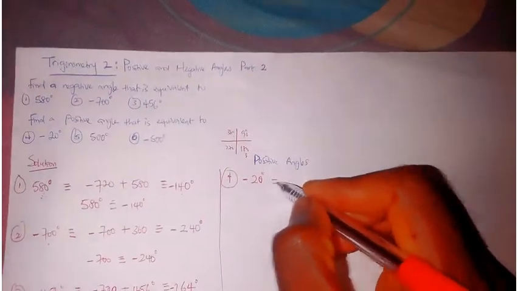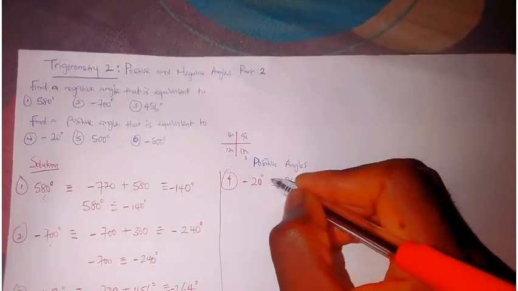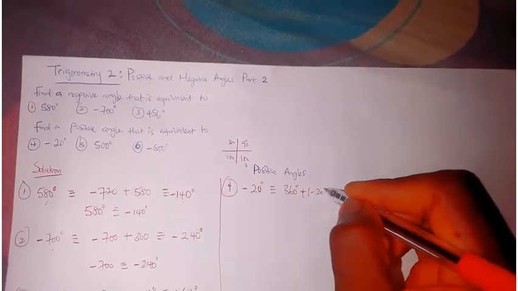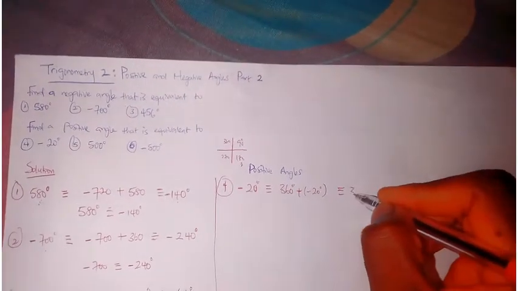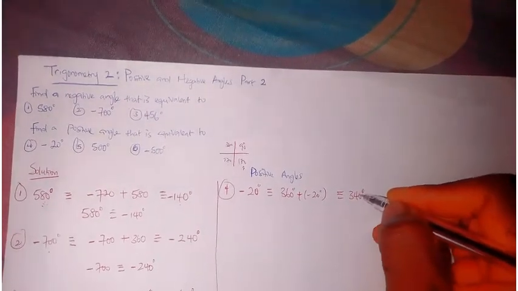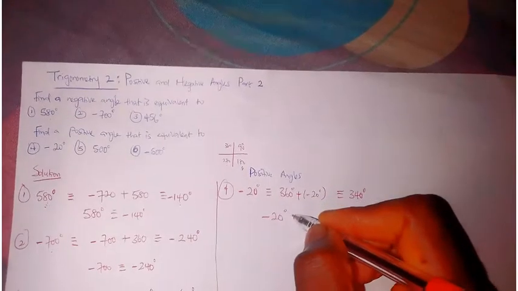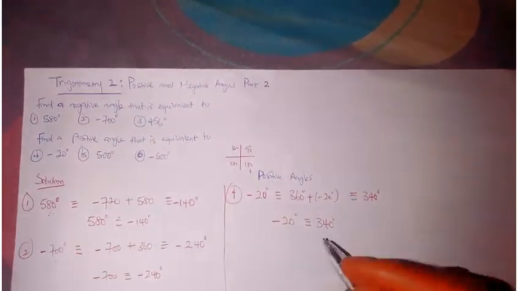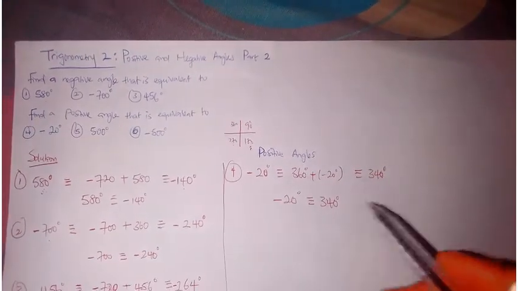Minus 20 degrees is going to be equal to 360 plus minus 20 degrees, which is equivalent to 340 degrees. So it means that minus 20 degrees is equivalent to 340 degrees.